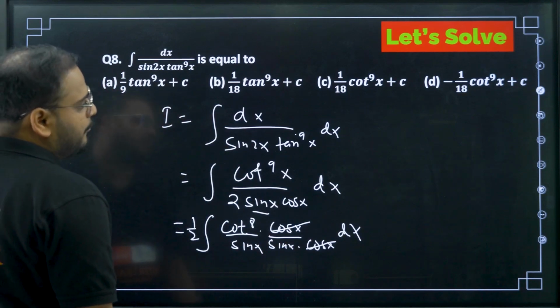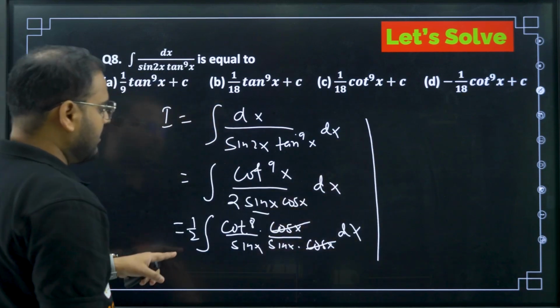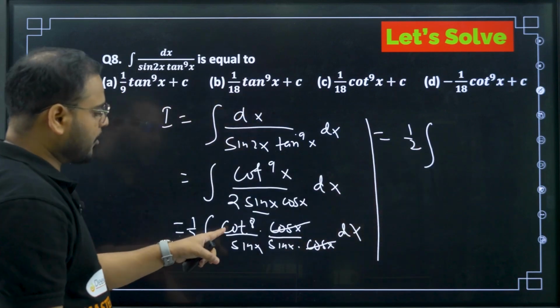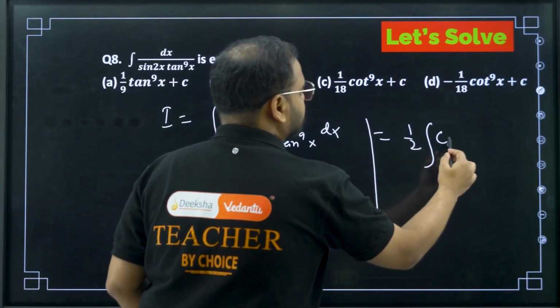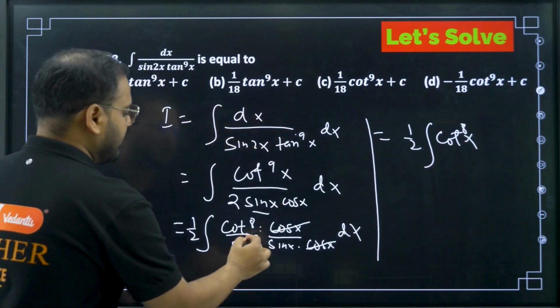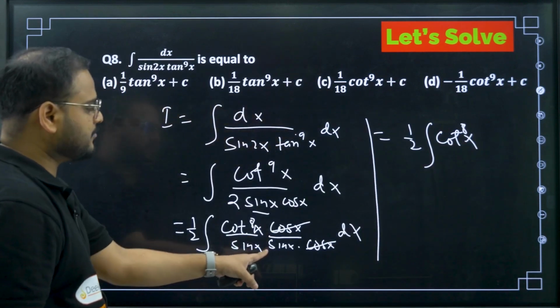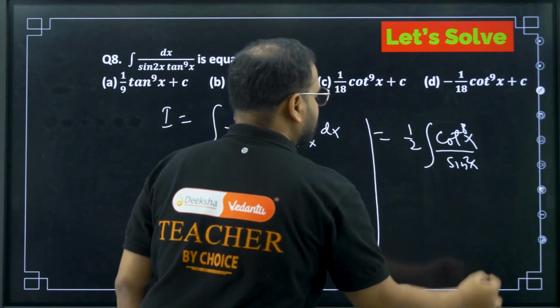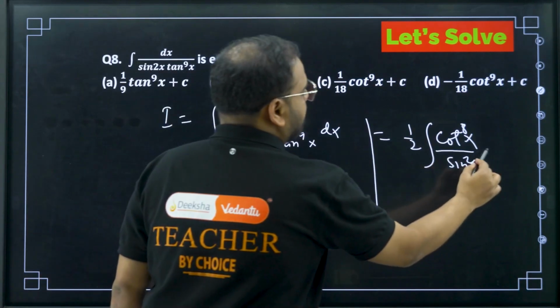Now what I have over here, please have a look. I get integration 1 by 2 integral of cot power 8x, and sin x into sin x is sin square x in the denominator, with dx.